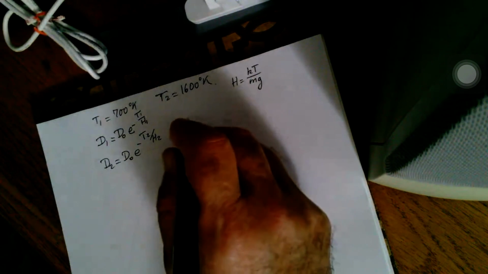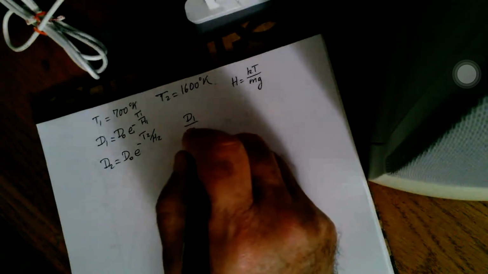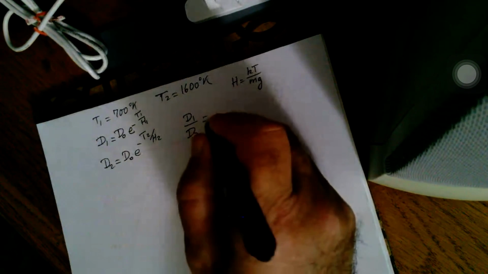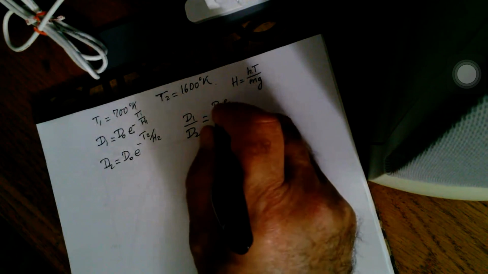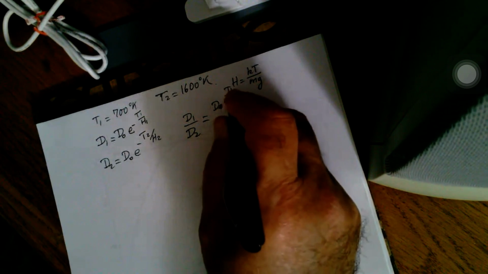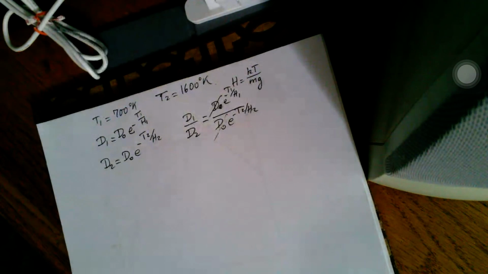So why don't we do this? D1 over D2 equals, obviously these will cancel. See here, D0 and D0, they will cancel.